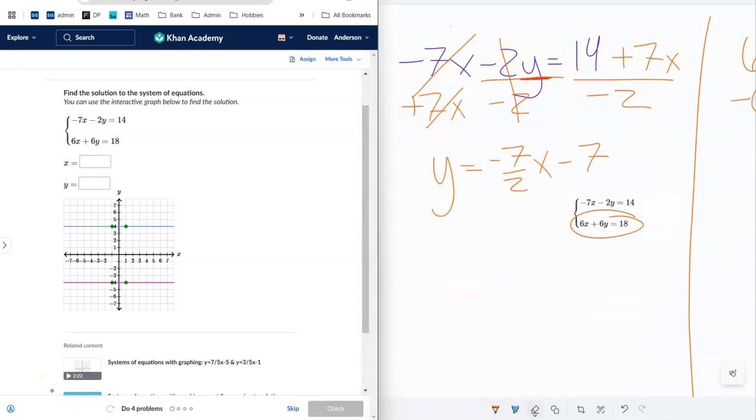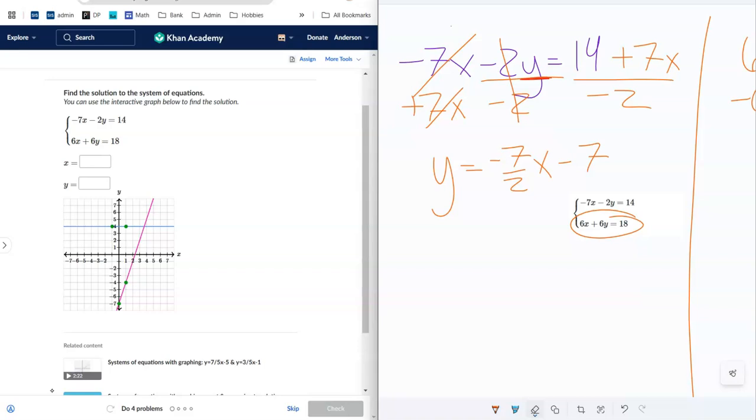All right, so let's graph this one first. We'll do this one in pink, just because it's down here. That is my y-intercept, negative 7 right here. Now our slope is negative 7 over 2.